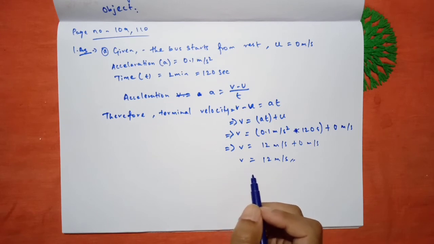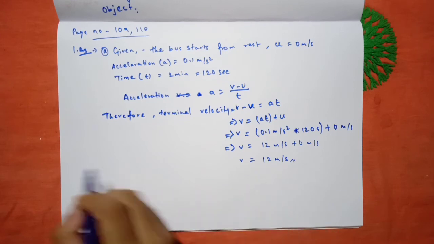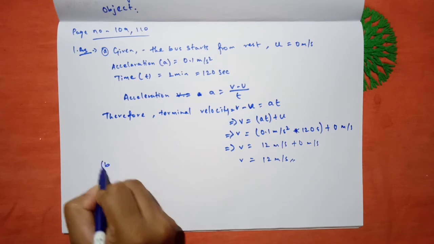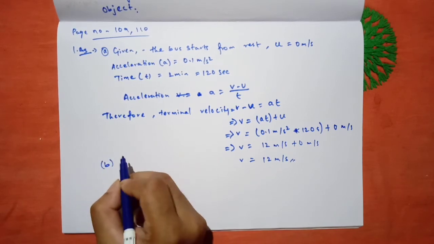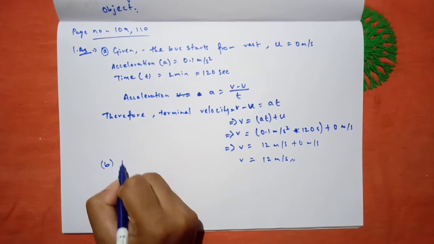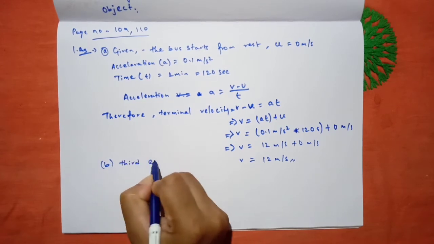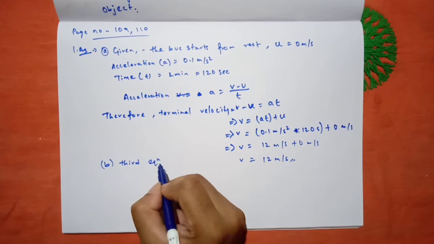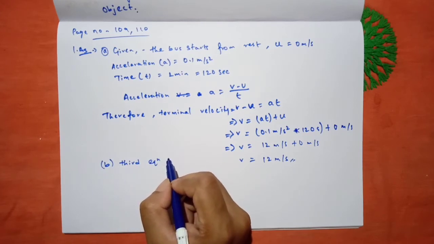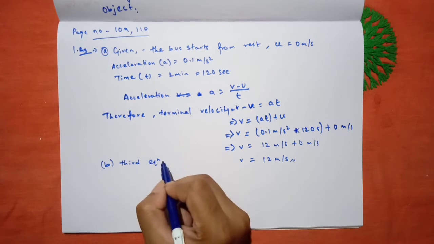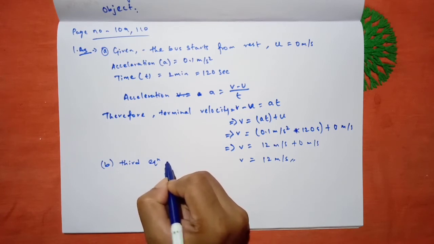Now the second one asks about the distance traveled. So for b, distance traveled, as per the third equation of motion, we have to use the third equation of motion. The three equations of motion are briefly described in the first video of this chapter. Go through that.